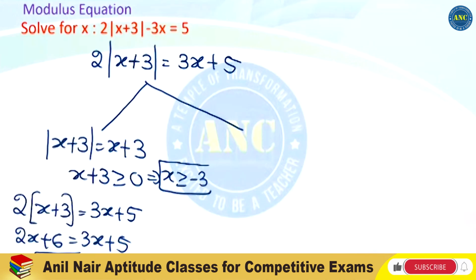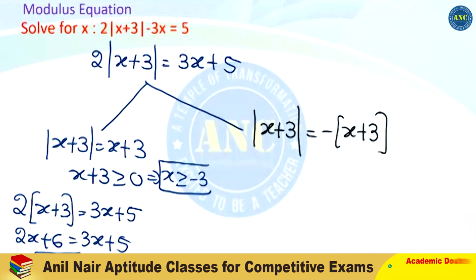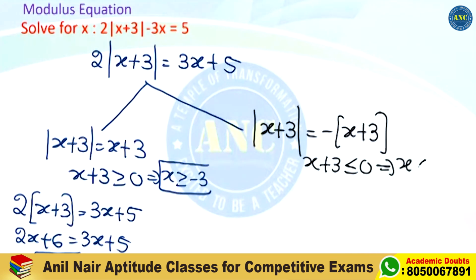Next one, mod x plus 3. Very foundation questions, but most likely you will make this mistake. It is equivalent to minus of x plus 3 when x plus 3 is less than or equivalent to 0, that is, x less than or equivalent to minus 3.